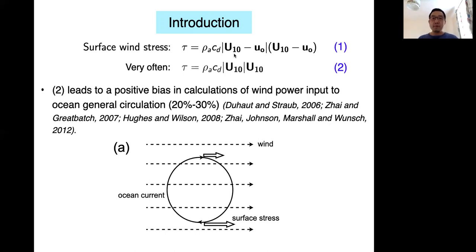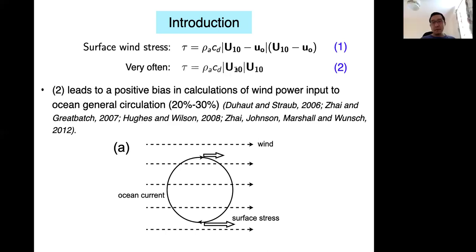But because over most of the oceans, the magnitude of ocean surface current speed is at least an order of magnitude smaller than the speed of 10-meter wind, very often UO, the ocean surface velocity, is neglected in the stress calculation. So the wind stress then is calculated based on 10-meter wind velocity alone.